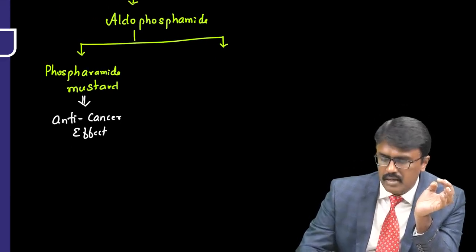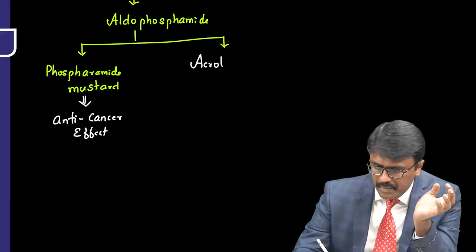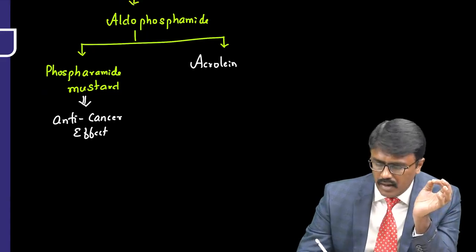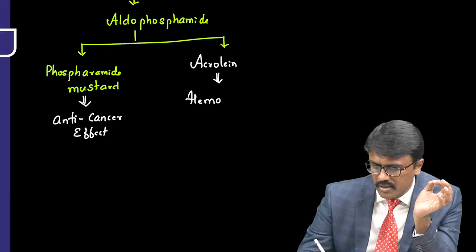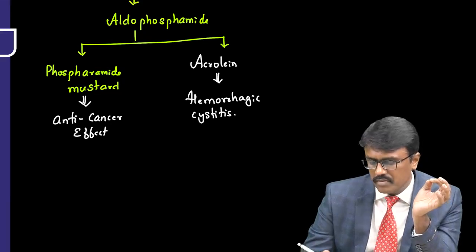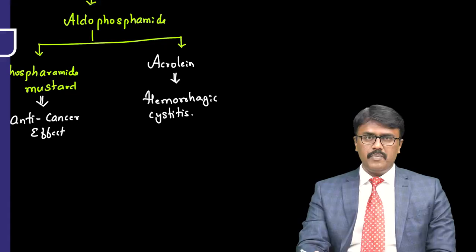Now what does another compound give rise to? That is called acrolein. Now acrolein is going to cause a problem, that is hemorrhagic cystitis. So the patient will have pain in the suprapubic region because of hemorrhagic cystitis. Now, is there anything that prevents this?